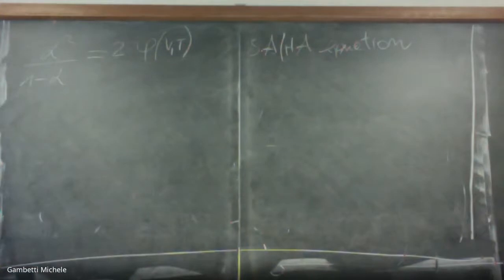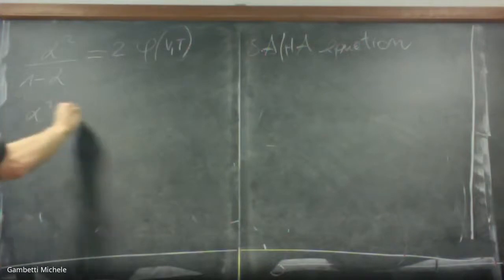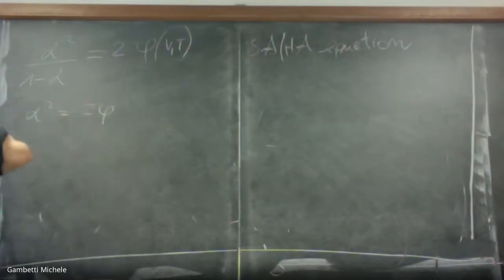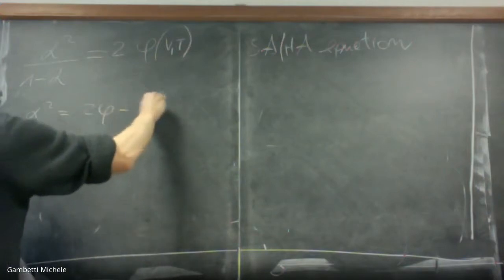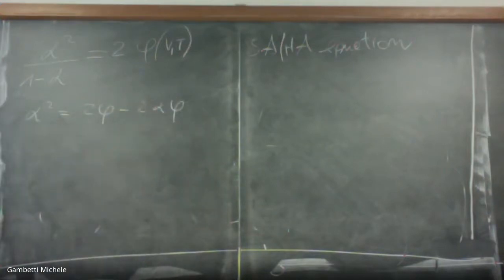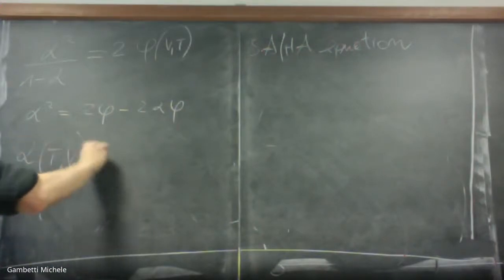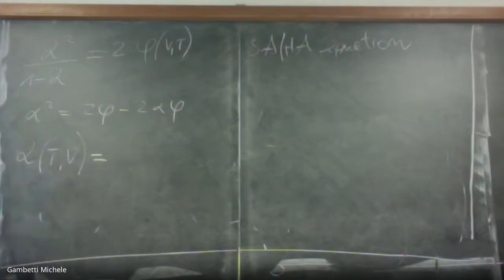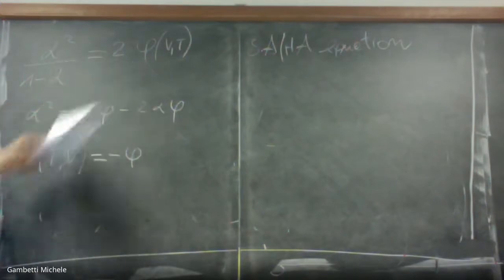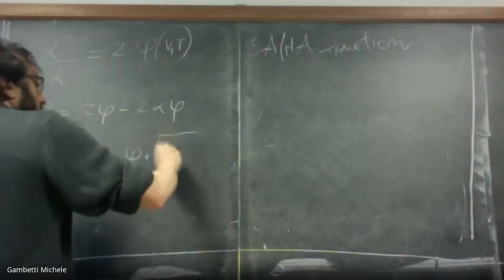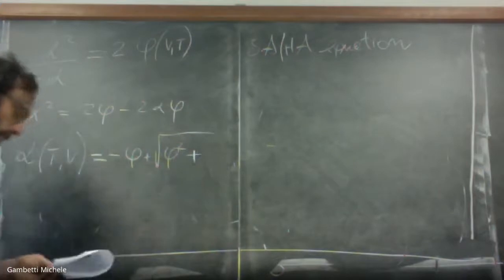Now I can also solve this equation because actually I have alpha squared, which is equal to 2 phi minus 2 alpha phi, and the solution is that alpha of T and V, which is the degree of ionization, will be minus phi, this function here, plus square root of phi squared plus 2 phi.